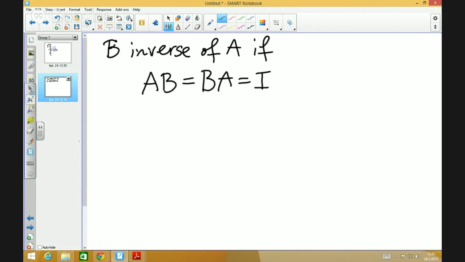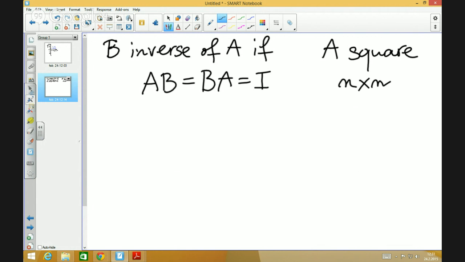Now, for what type of matrices is the inverse well defined? Where rows and columns are the same number. These are the so-called square matrices. And really, square means it looks like a square. It has n rows and n columns for some n.